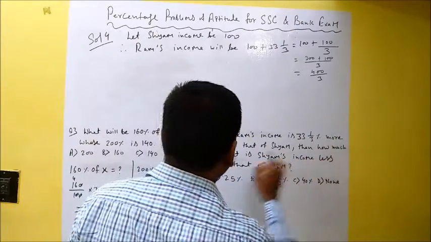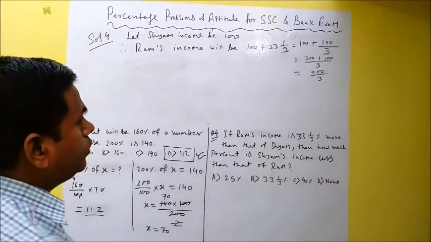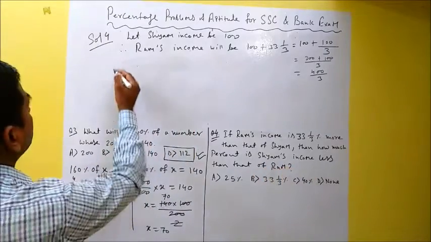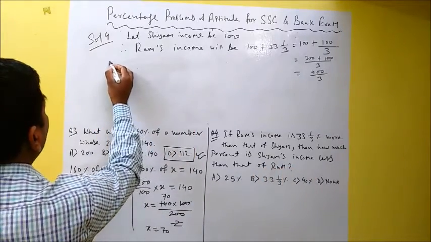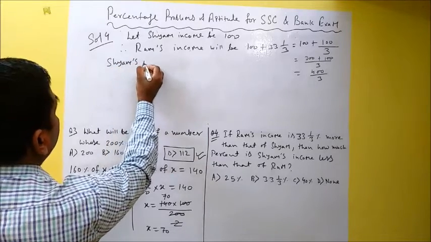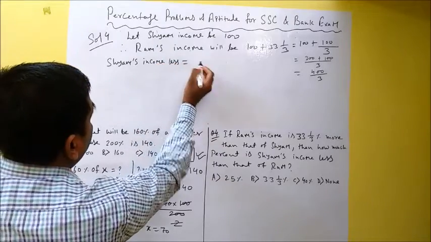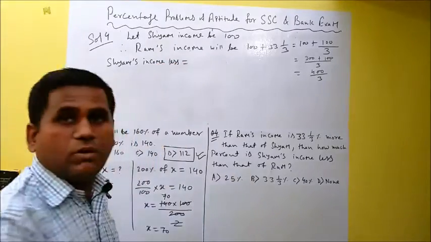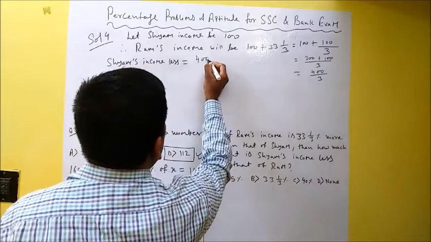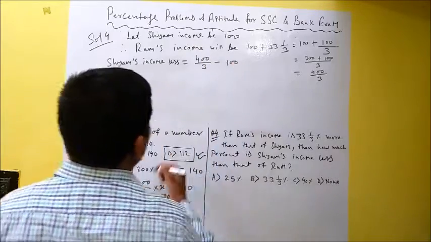Now, how much percent is Shyam's income less than that of Ram? So Shyam's income is less, right? Shyam's income less is equal to Ram's income minus Shyam's income. Ram's income is 400 by 3 minus Shyam's income 100.